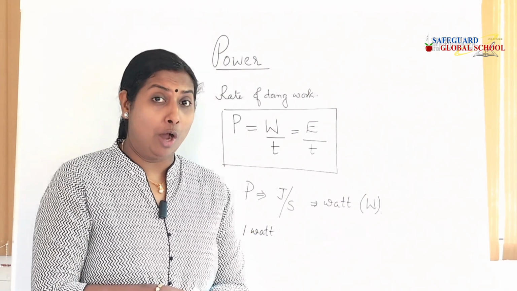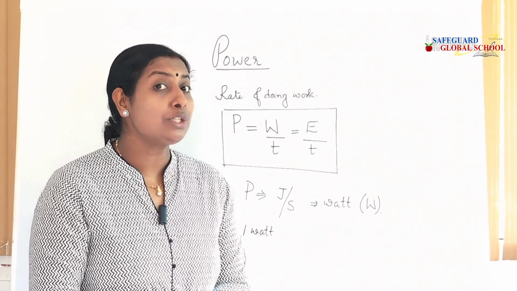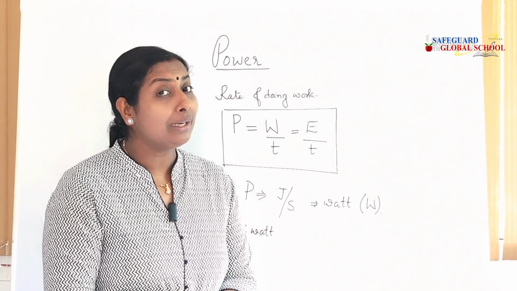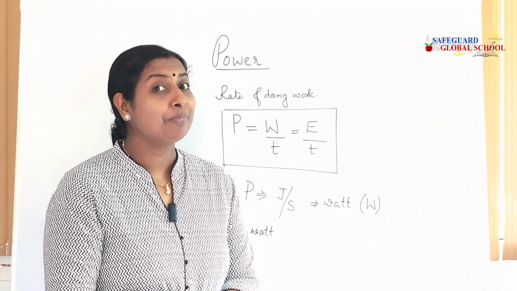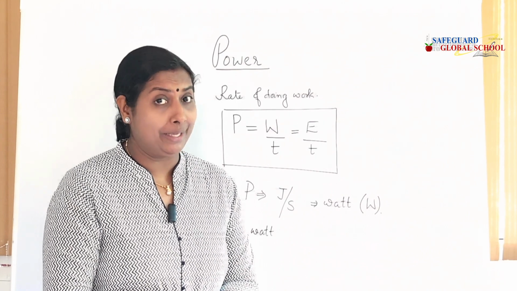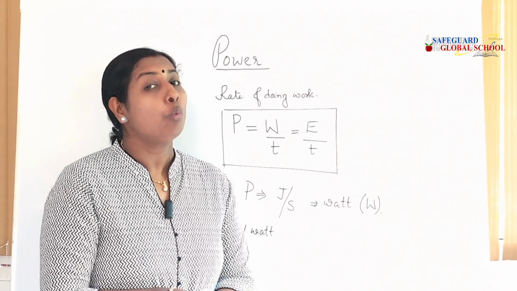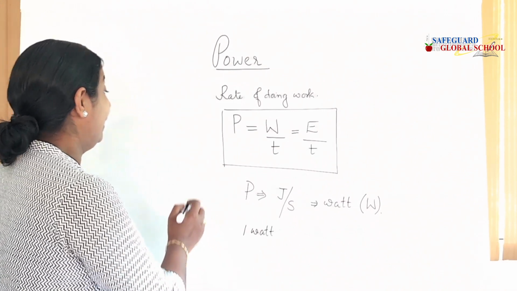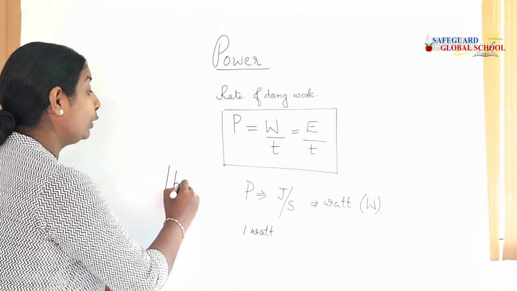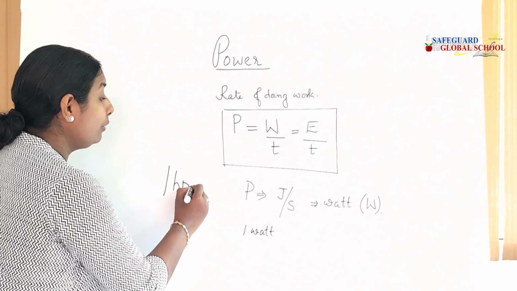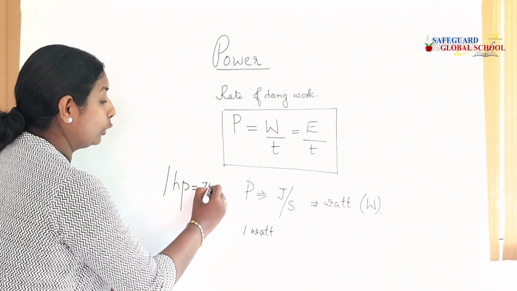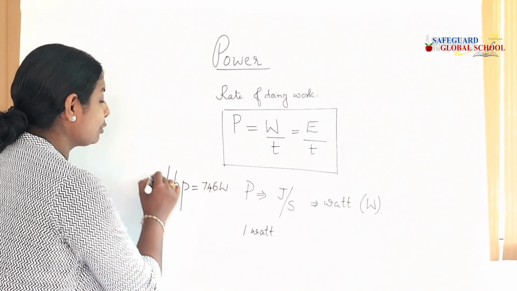Have you heard about another higher unit of power? Have you heard about the term HP? What do you mean by HP? HP is horsepower. It is the higher unit of power. 1 horsepower is equal to 746 watts.